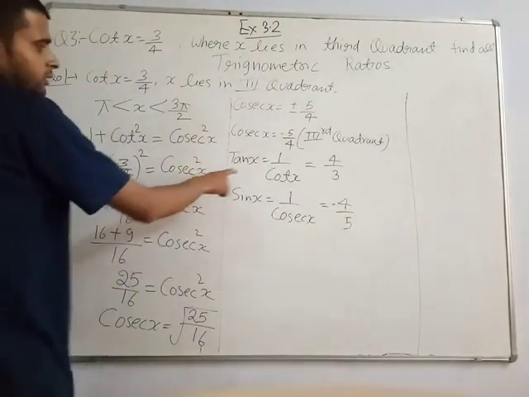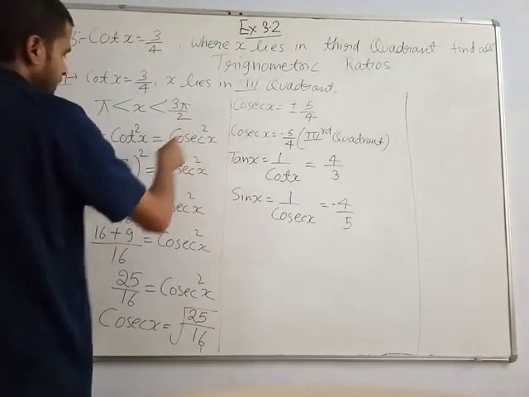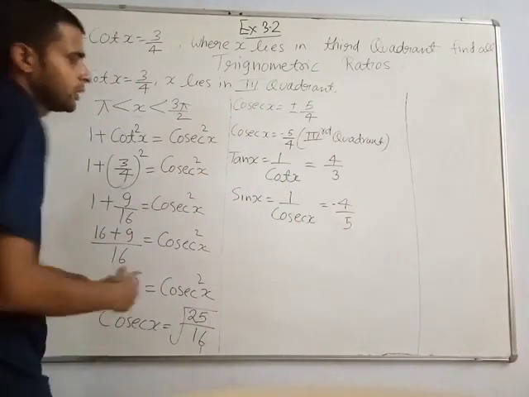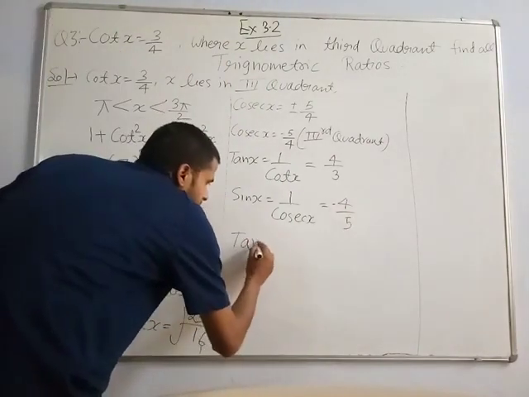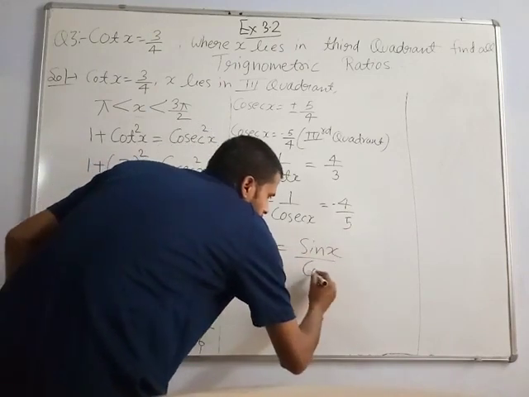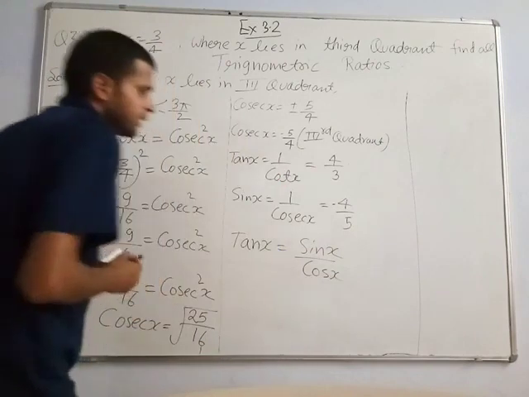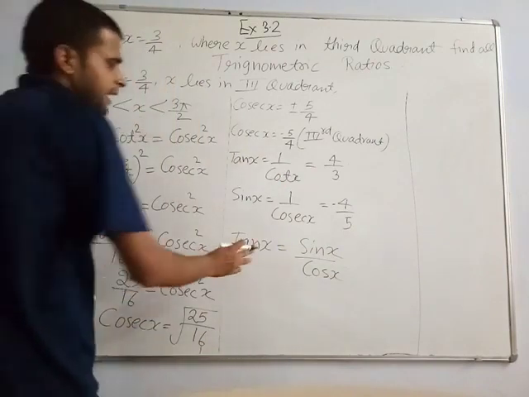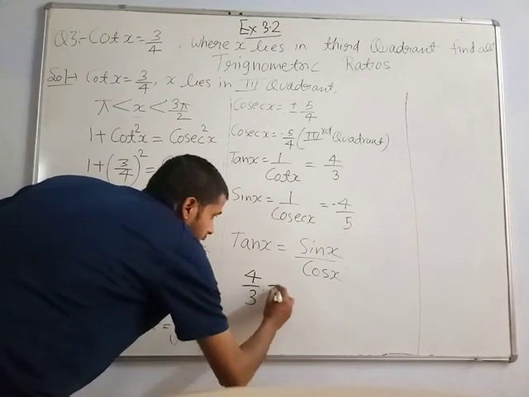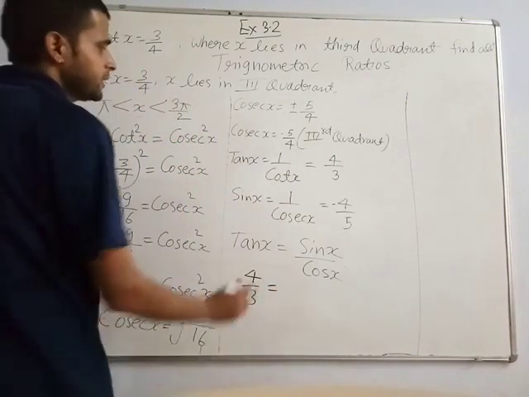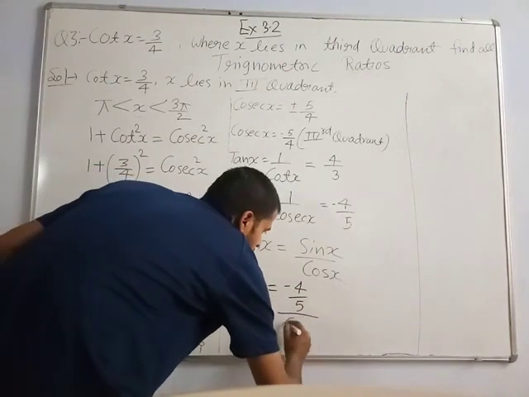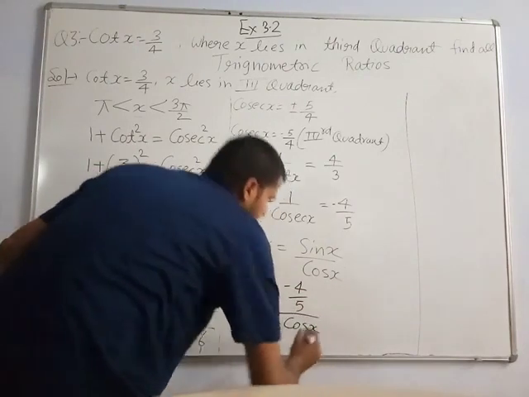So tan value came, sin value came, cot value came, and so tan x equals sin x upon cos x. So the value of tan x is 4 upon 3. The value of sin x is minus 4 upon 5 upon cos x.